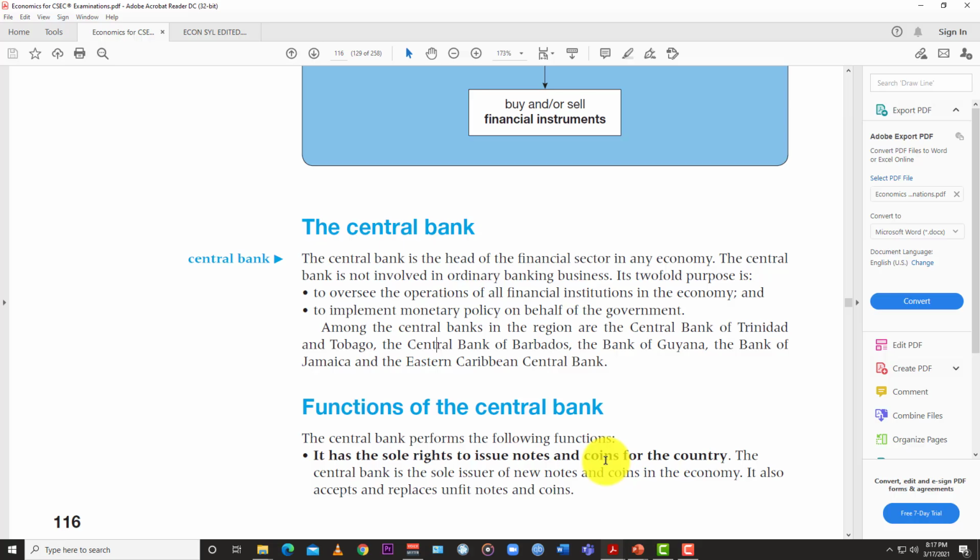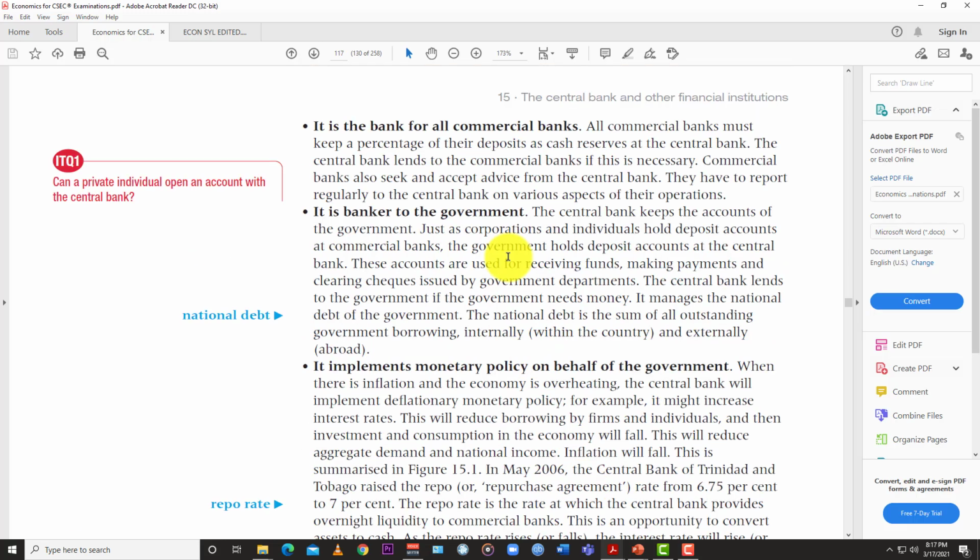The Eastern Caribbean Central Bank issues the ones for the OECS, and the list goes on. The central bank is the sole issuer of new notes and coins in an economy. It also accepts and replaces unfit notes and coins. That's a very simple function, so we don't have to go too deep into that one.